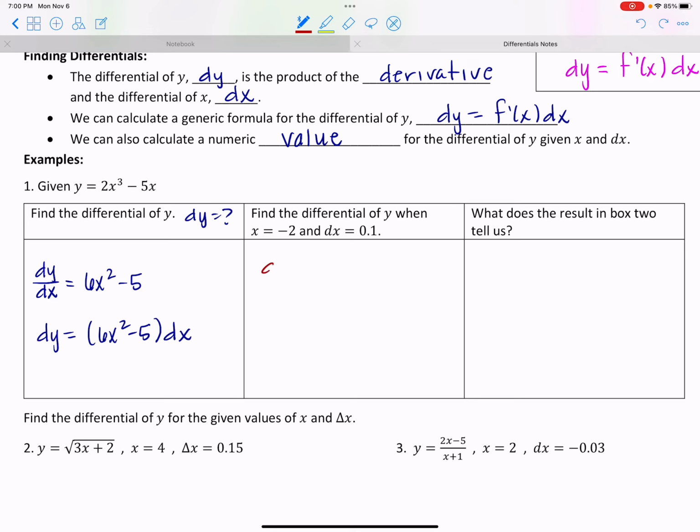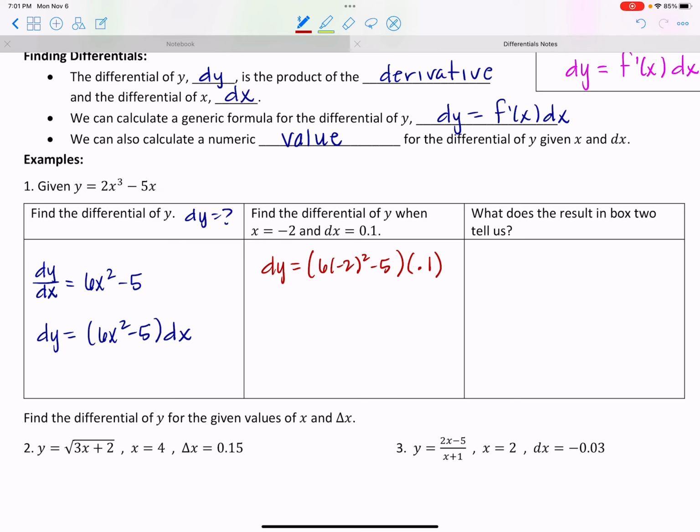So I have a formula, right? dy is going to equal 6x squared minus 5 times dx. I'm just going to be inputting the two values I'm given into that formula. So I have 6 times, instead of x squared, negative 2 squared, minus 5, and that quantity is multiplied by dx, the change in x, or differential of x is given to us as 0.1.